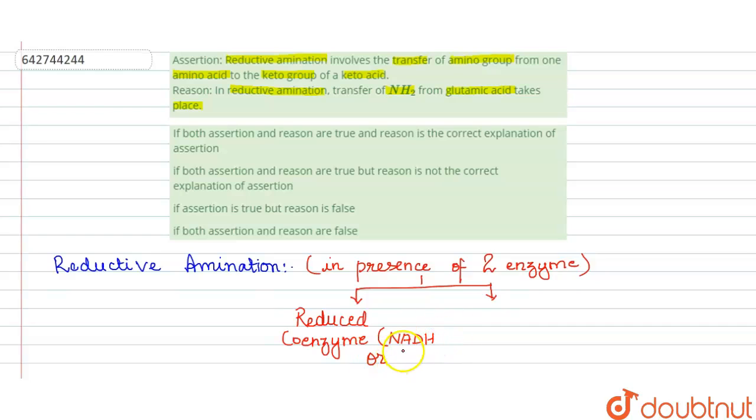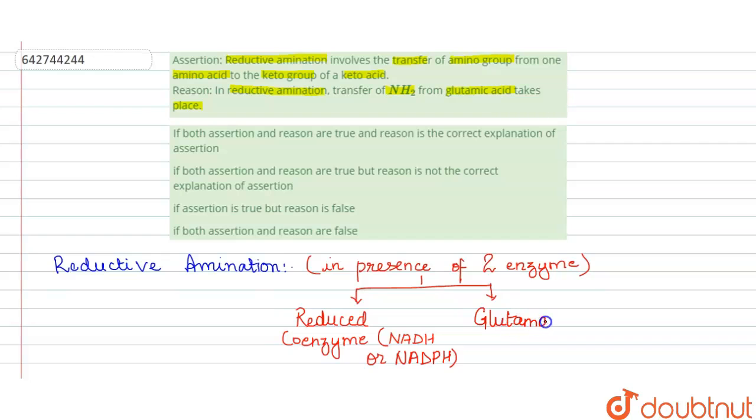Okay, let's write NADPH here as well, NADH or NADPH, right? Now the next is the enzyme, enzyme is the glutamate dehydrogenase.